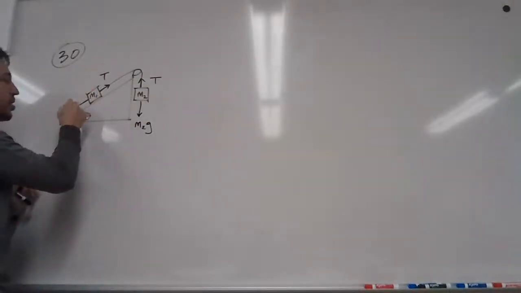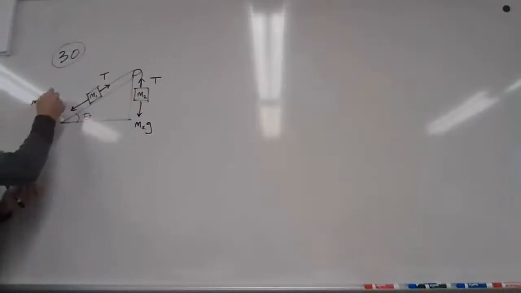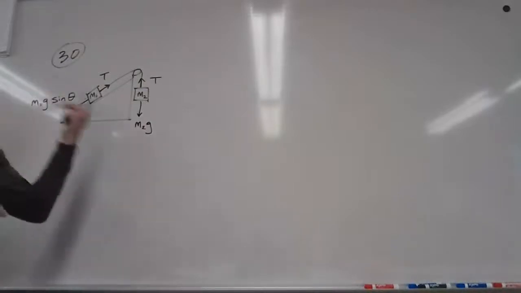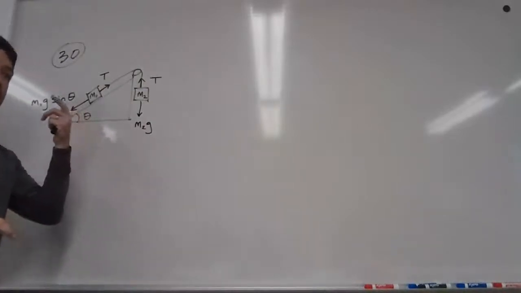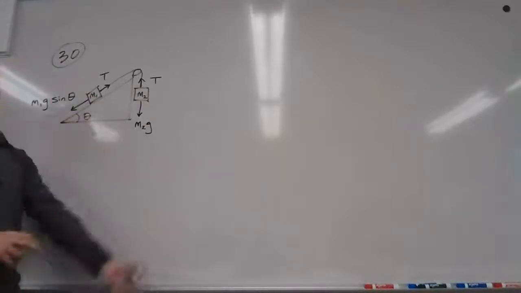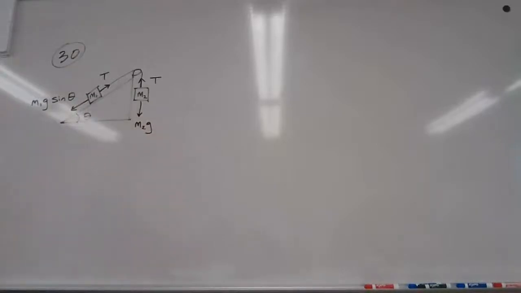And this: M1G, the gravity force, times the sine of my angle. Now, if there was friction, you would also have to consider the normal force, which is M1G cosine theta times whatever mu, but there's no friction in this problem, so that's nice.